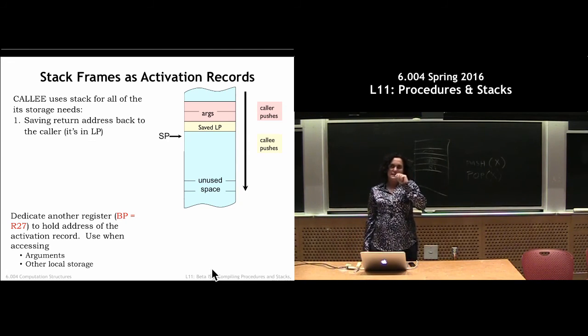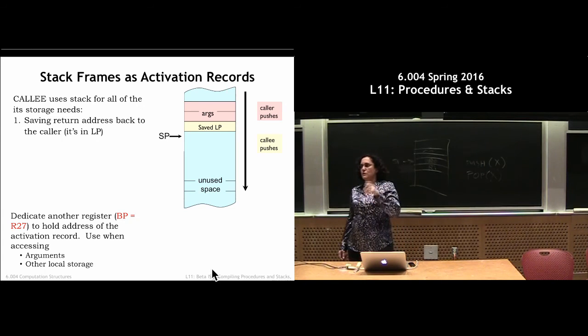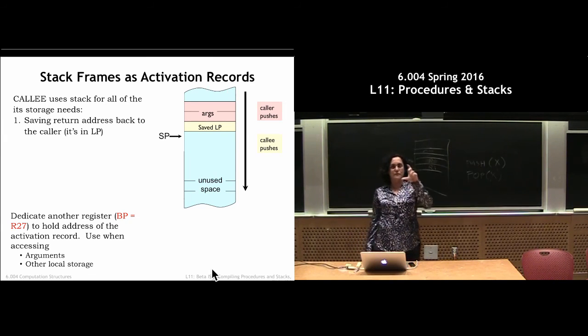The reason that this is useful is because using that register, it's very easy to identify where exactly the arguments are for that activation record, as well as where the local variables are for that particular activation record. You could figure all of these things out based on the actual stack pointer register value, but it's a little more complicated. So it's nice to have a variable that's just specific to one activation record.